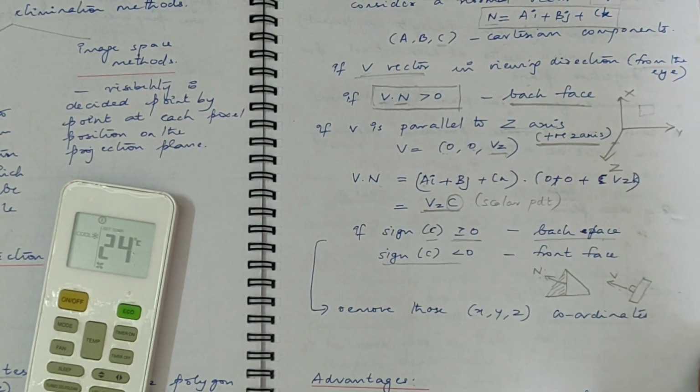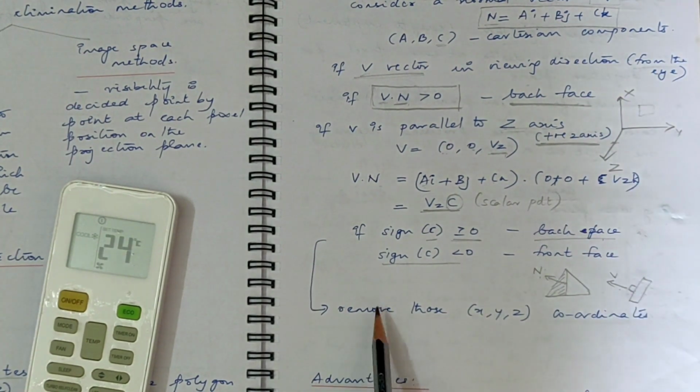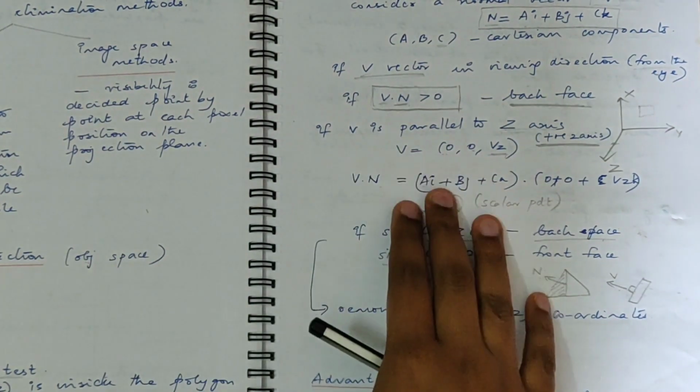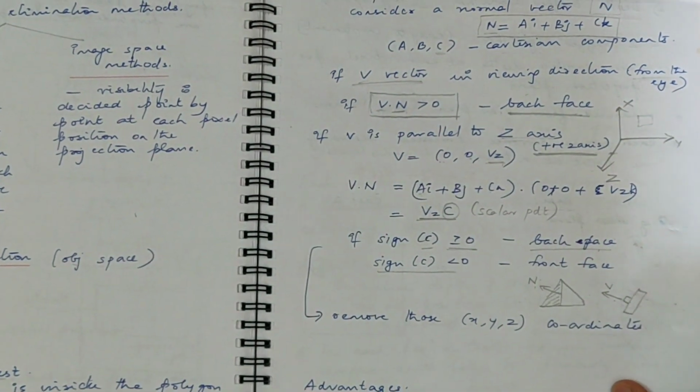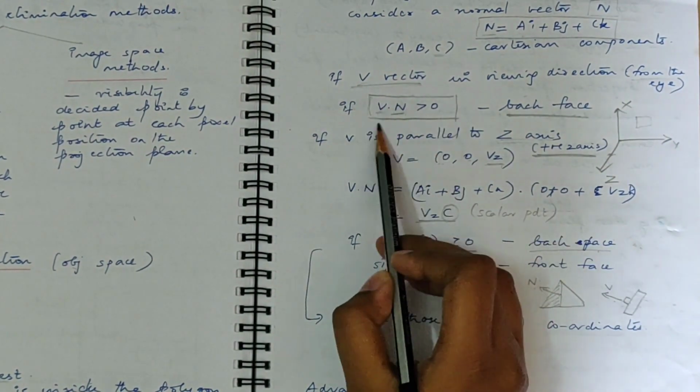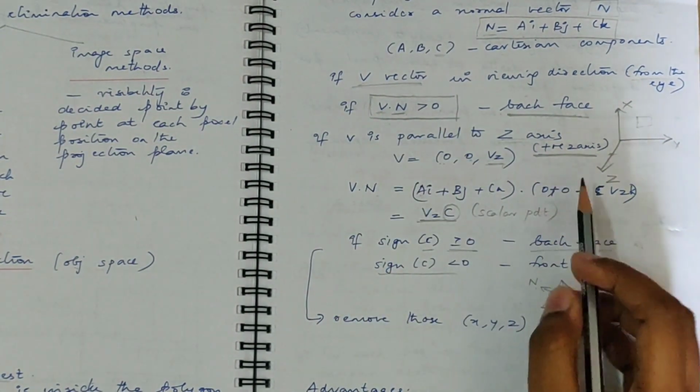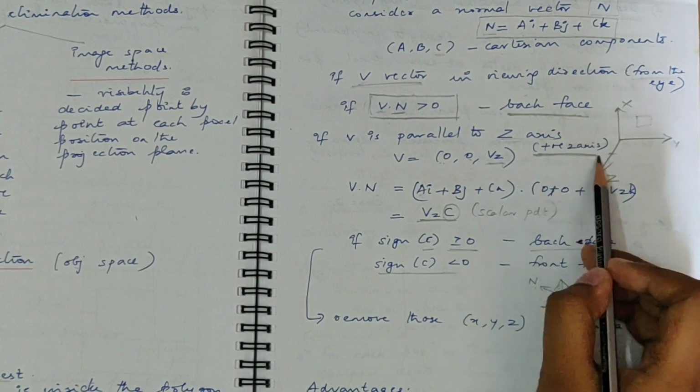So this is very simple. First you have to find out whether the point is inside the polygon. If it is inside the polygon, you take the normal vector and compute the dot product with the viewing vector. The point to be noted here is that you're viewing along the positive z-axis.